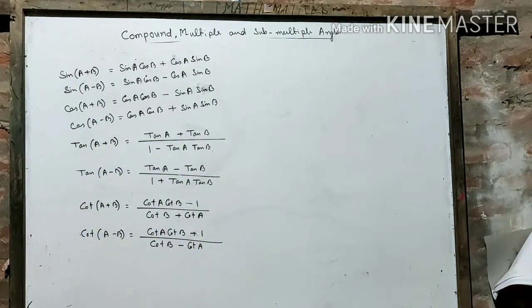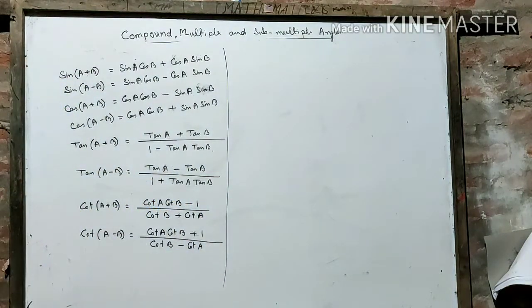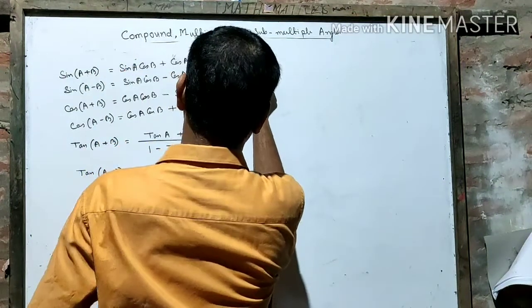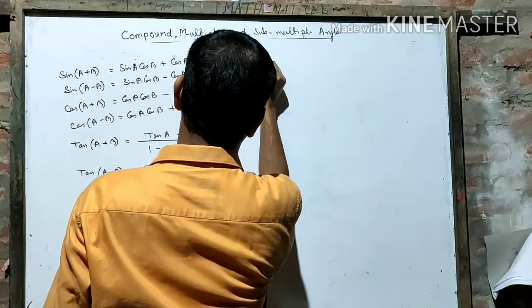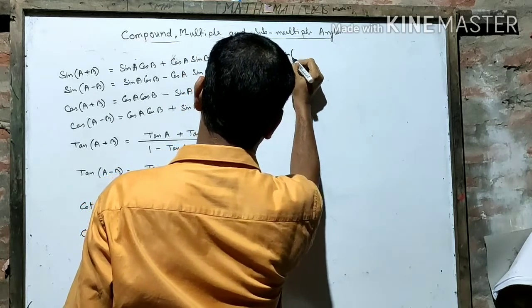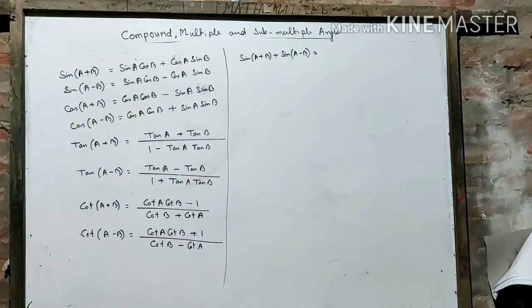So these are the compound angle formulae. Now we get another set of formulae: sin(A + B) + sin(A − B).